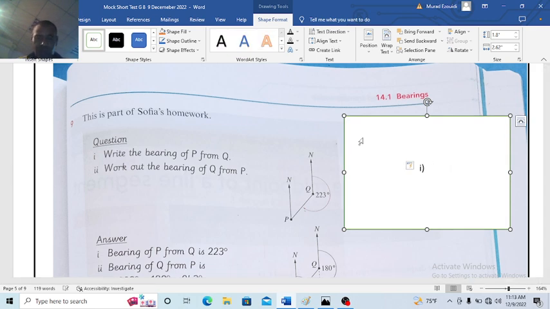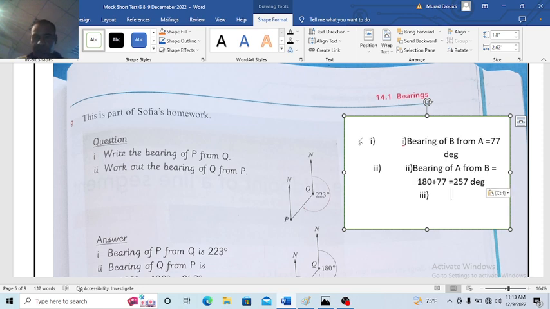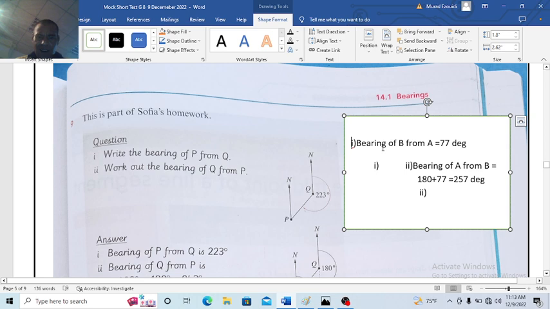I'll answer for small a. It will be, I will write it, the bearing of P from Q, which is equal to 223 degree.